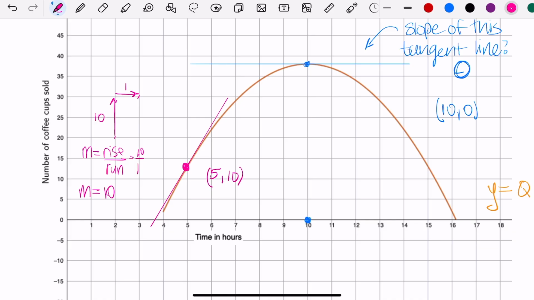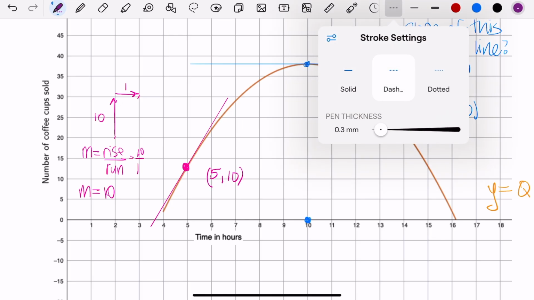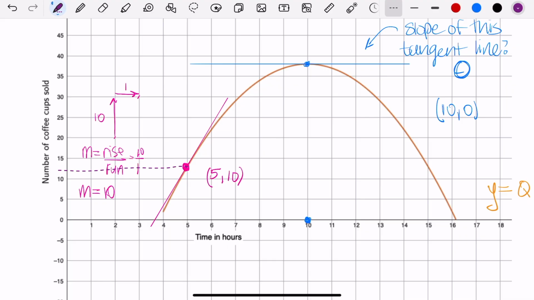Now, if you didn't think to move your ruler to a nicer spot, then just make an estimate. It might not be exactly 10, but it should be fairly close. What I mean by estimate is choose 2 points. I'm going to choose my point here, 5. I would guess the output of this function at x equals 5 to be maybe 13.